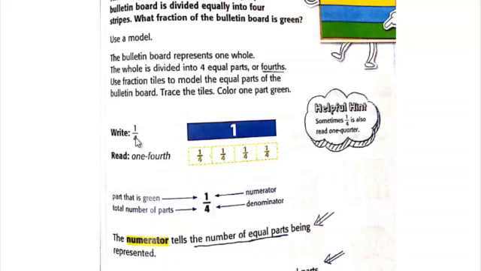4 parts. And up, we want you to write the parts that are green. So here, how many parts are green? One part. So right here, 1. When you read this fraction, you will say 1/4, as 1 here is singular.